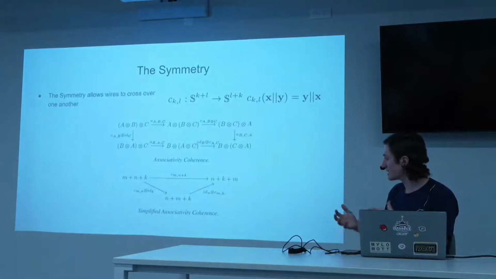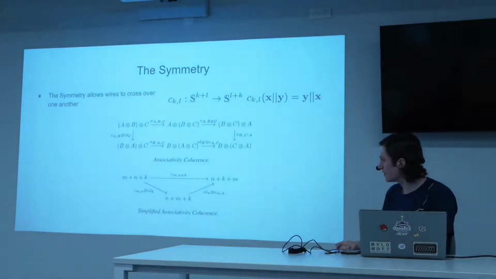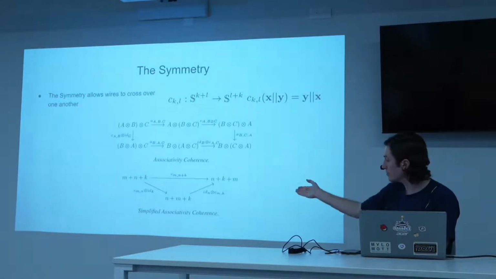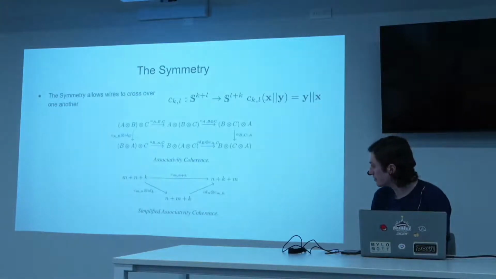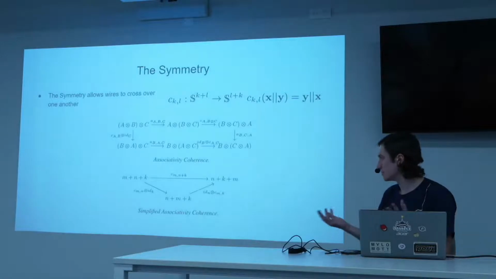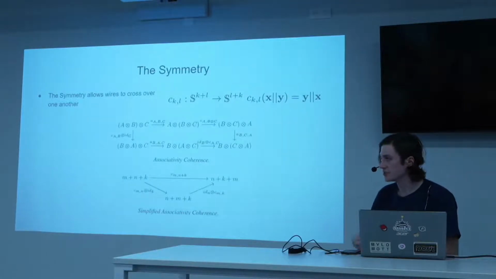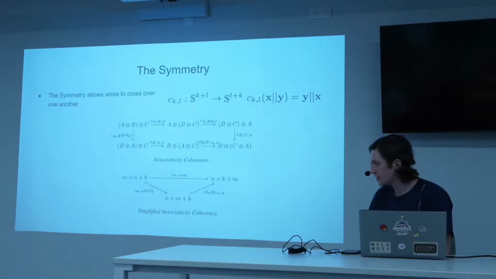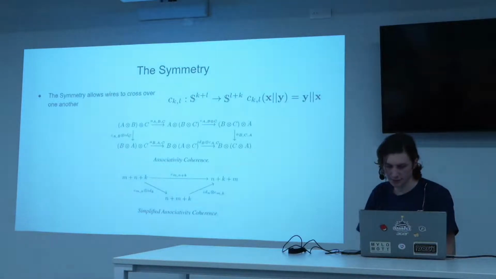And so that collapses the associativity coherence diagram into the triangle that you see at the bottom. And there I've swapped out the monoidal product with the symbol for addition, because that's how it's defined on the objects of the category.